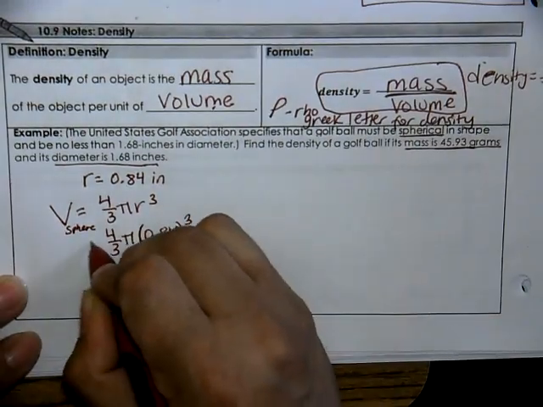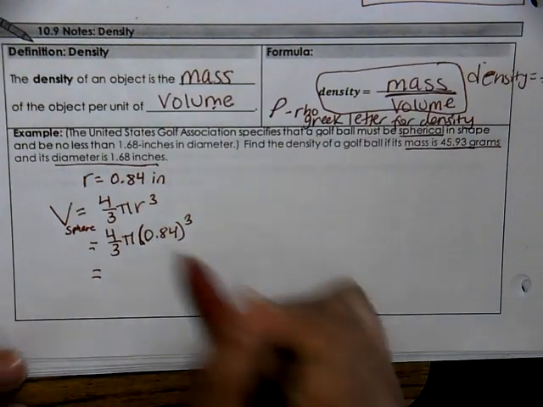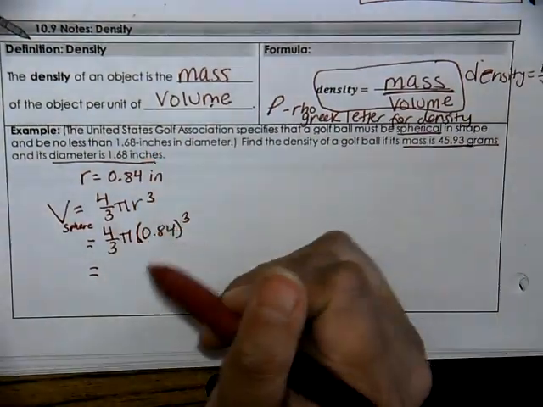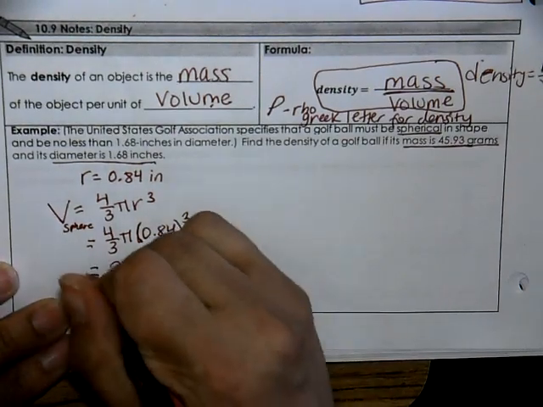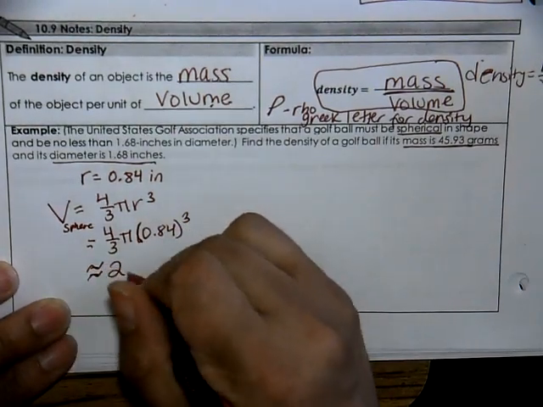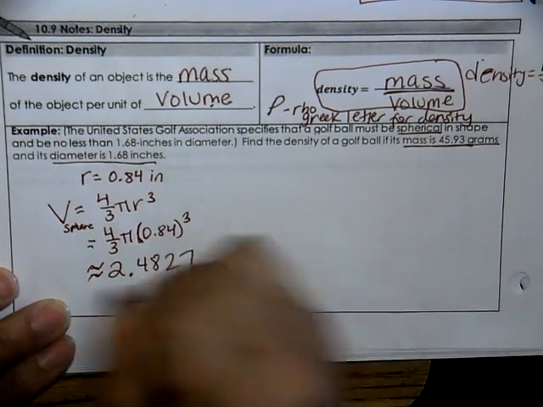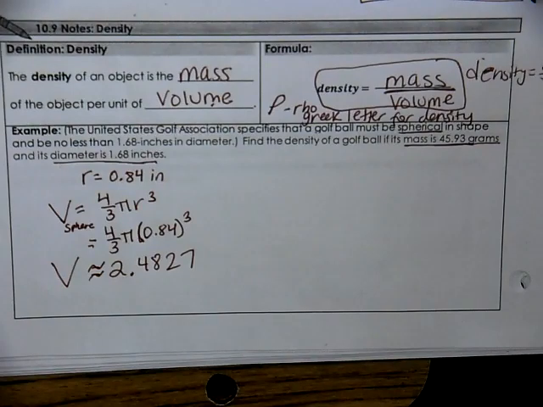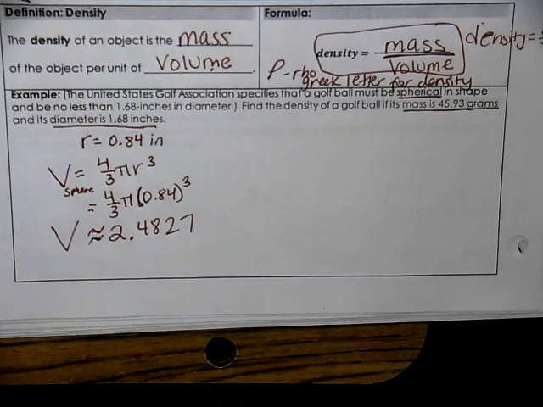Just use your calculator. You don't have to do an exact answer on this one because it's already got a lot of decimals. This comes out to approximately 2.4827. I would say get at least about 3 to 4 numbers after the decimal for right now, since we're not quite done. We want to finish this problem and not round too much.